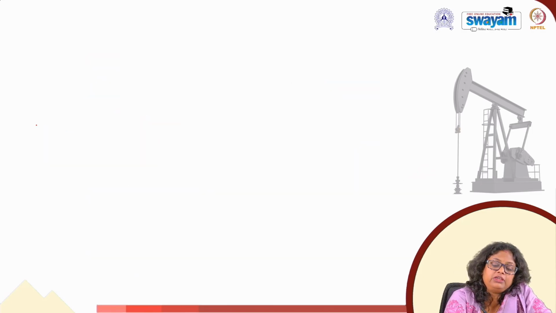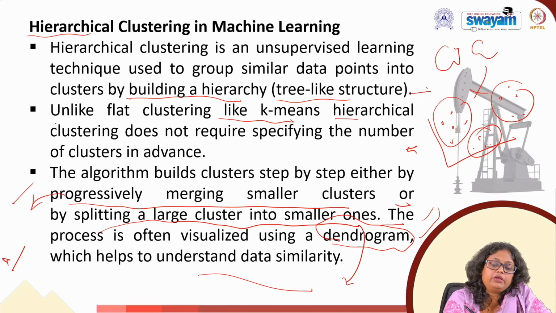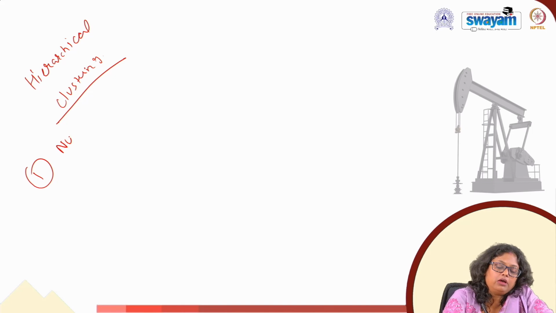Now see this one we talk about, hierarchical clustering. The point here is clear: there is no need for a predefined k. Then we have two approaches.